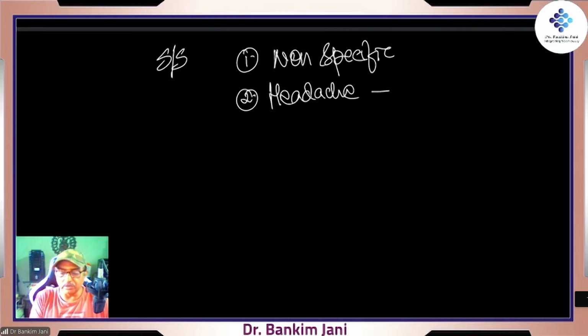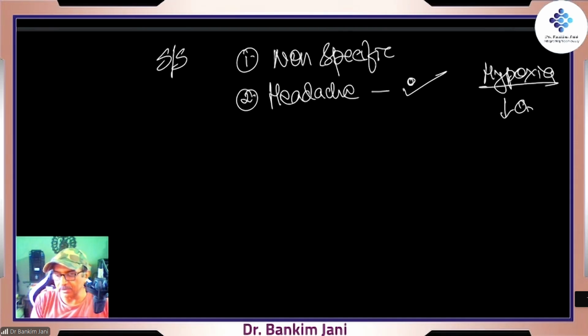Headache is most common, because our respiratory center is most sensitive to decreased oxygen, because this will lead to hypoxia. There is decreased oxygen, so the brain will start getting the effect first.